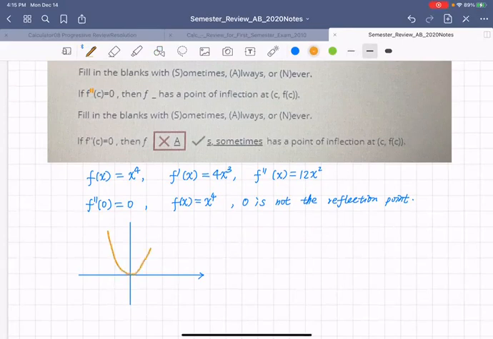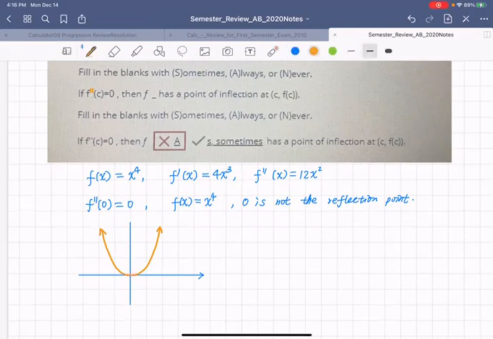Very flat over here. Yes? You cannot see that this has an inflection point at 0, you know? It's inflection, not reflection. This one cannot be called an inflection point.